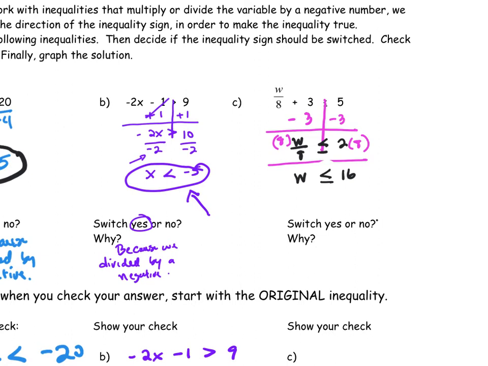So we'll put no, and it's because we multiplied by a positive. So when we use a positive to multiply or divide, we do not switch the sign.